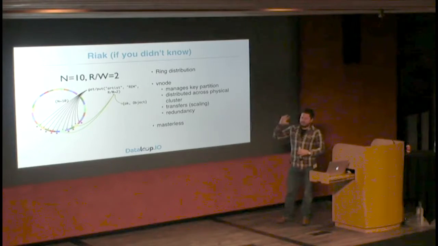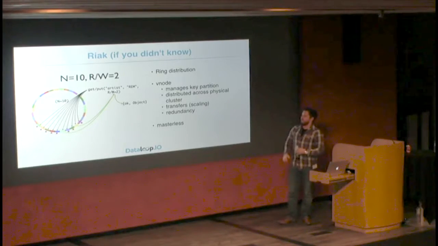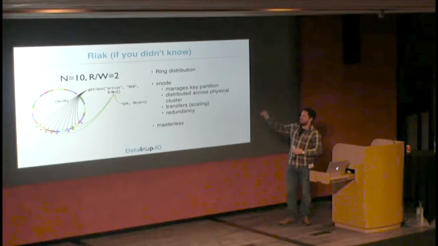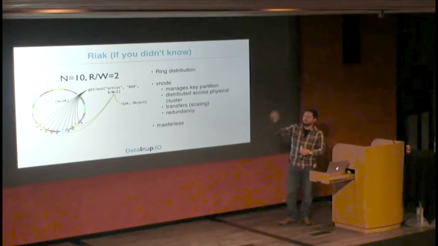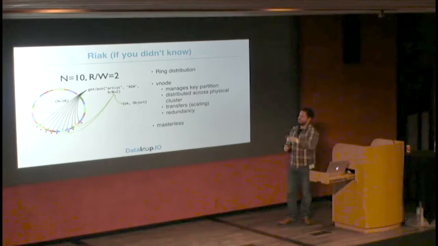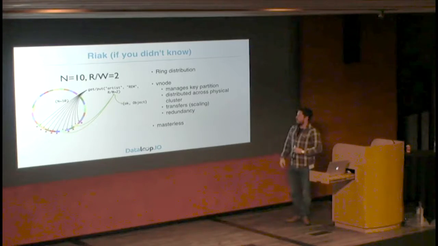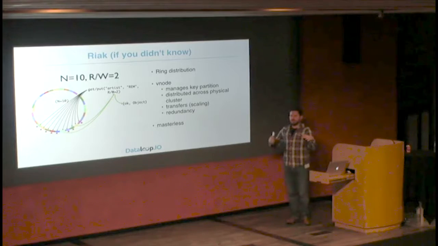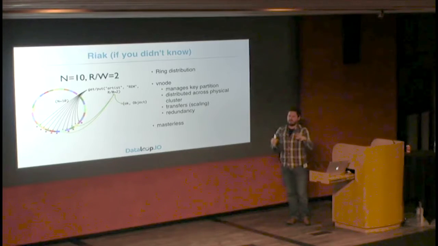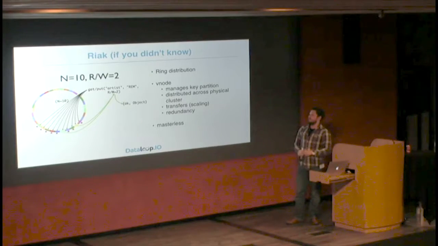If a node is inaccessible for some reason, say you've got a network partition, or the processor's crashed, it's just not running, and it can't access one of the parent vnodes for that particular key, it will pass it off to another one. Then when the primary one comes back up again, it will hand those back off to the correct owner for that key. Another great thing is it's masterless, so you don't need to have a particular node online. It handles network partitions great because it will accept all reads and all writes.